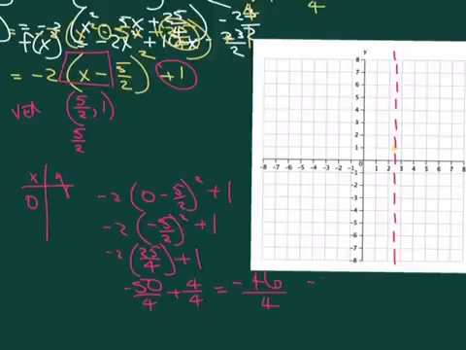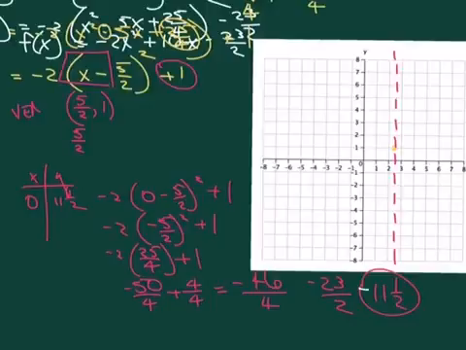which is negative 23 over 2, which is negative 11 1/2. So sorry about that, but that's what we came up with. So 0, negative 11 and a half. So it's down here somewhere, isn't it?